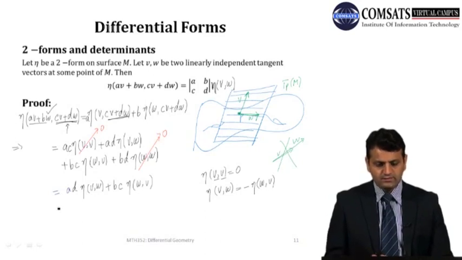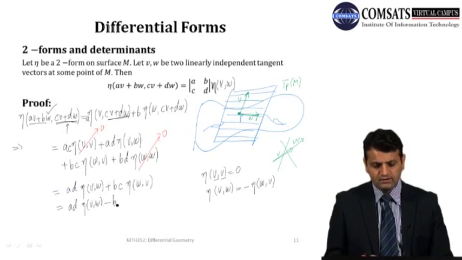So what we get, AD eta VW minus BC eta VW. So just मैंने इन V और W की रिप्लेस कर दिया आपस में जगह, और हमारे पास एक नेगेटिव साइन आ गया जो यहाँ हमारे पास नज़र आ रहा है.